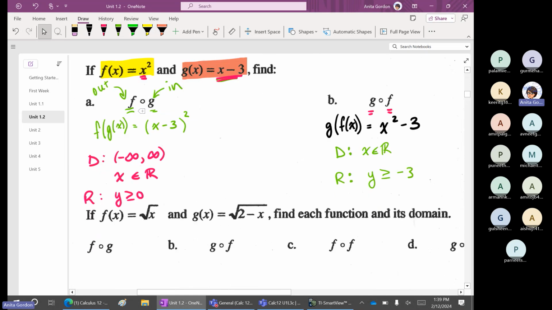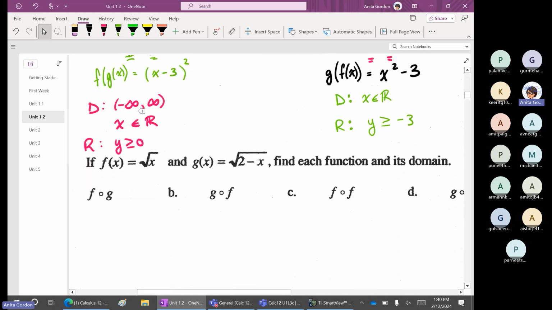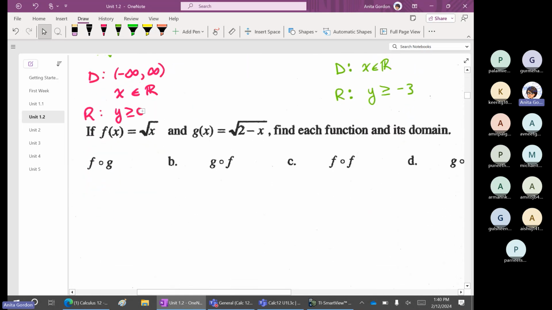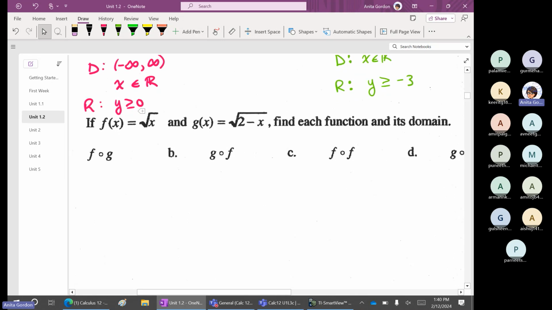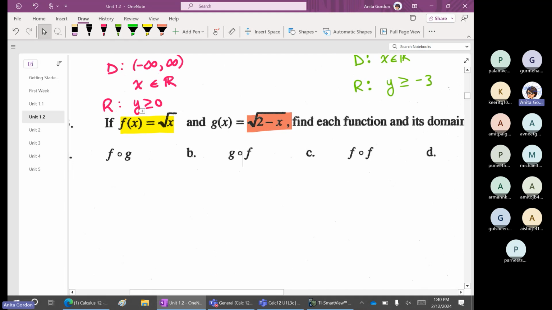Okay, so the idea is simple, and then now we're going to get more complicated. So now we're going to use the root functions again. Here is f, and here is g. So f of g means my f function is the square root, but instead of x, I am putting the entire function of g.